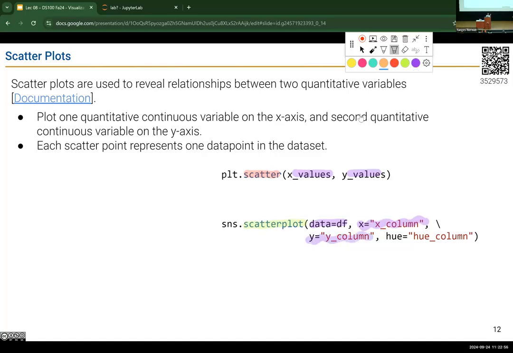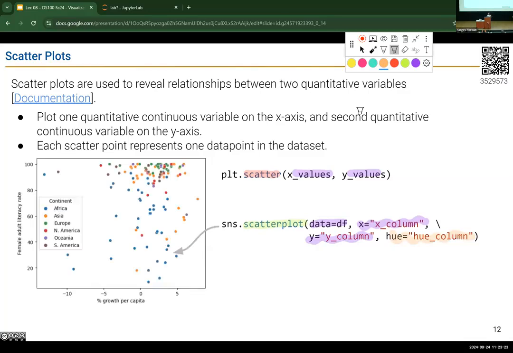And then if you're feeling fancy, we could also say that there is a third dimension that I want you to plot, and that's the color. So hue references the color, which basically means that, depending on different categories of values that you have in the column that's called the hue column, go ahead and color different stuff. And in that case, you're effectively using three information channels: the X information channel, the Y information channel, and also hue. So you're using the color as well.